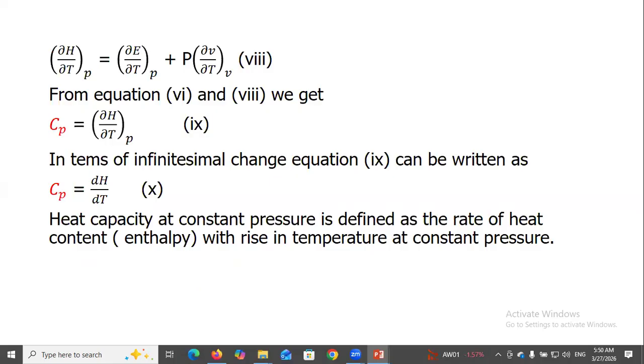From equations 6 and 8, we get Cp equal to (∂H/∂T)p, equation 9. In terms of infinitesimal change, equation 9 can be written as Cp equal to dH over dT. Heat capacity at constant pressure is defined as the rate of change of enthalpy with rise in temperature at constant pressure.